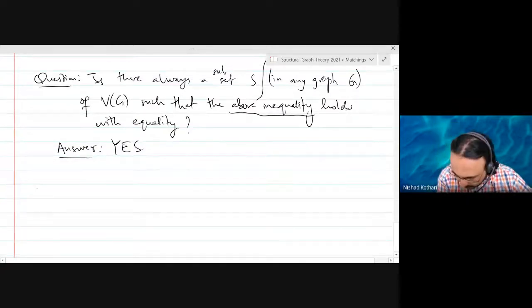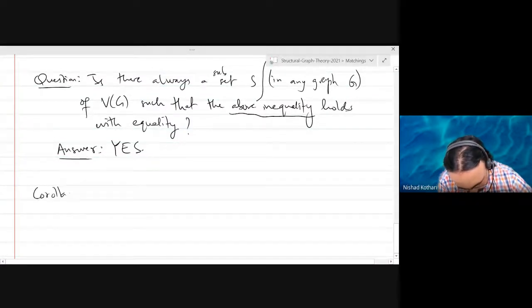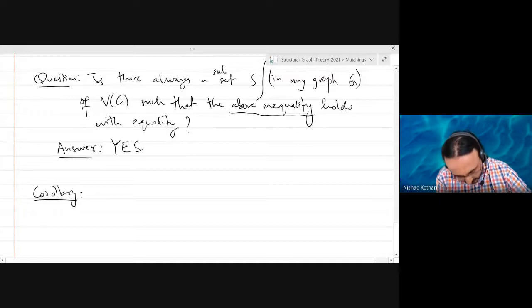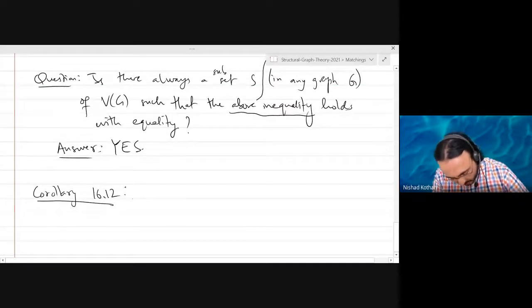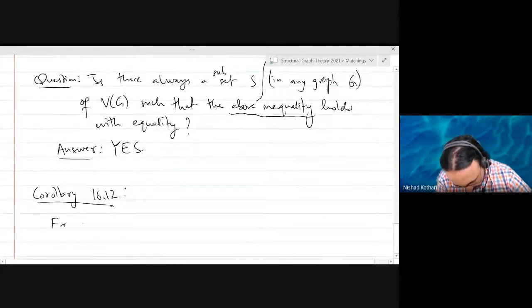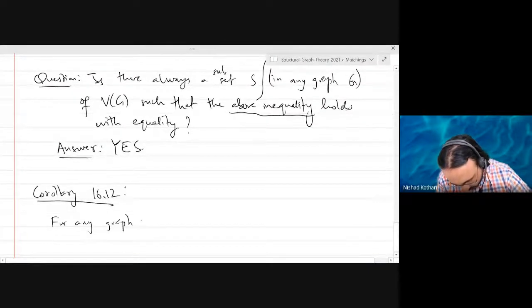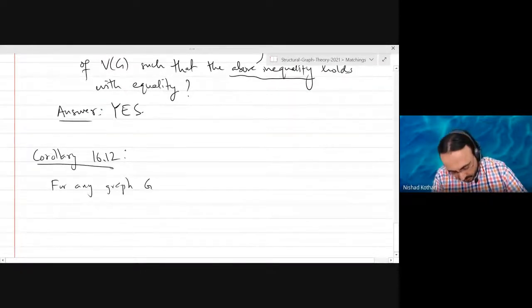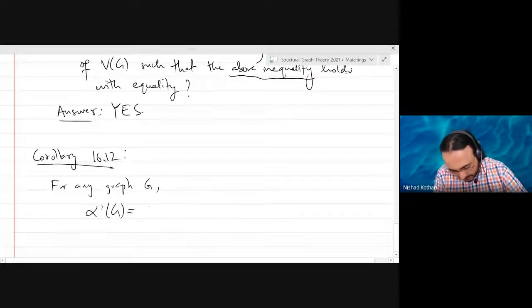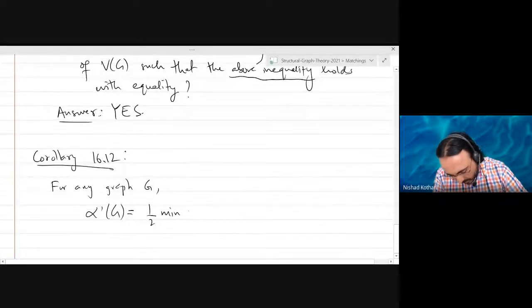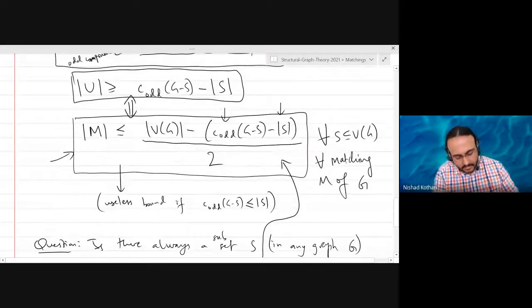So this is the same as saying the following, right? I'll state it as a corollary. So for any graph G, the matching number is exactly equal to, you take the minimum over all sets for this inequality. Right?